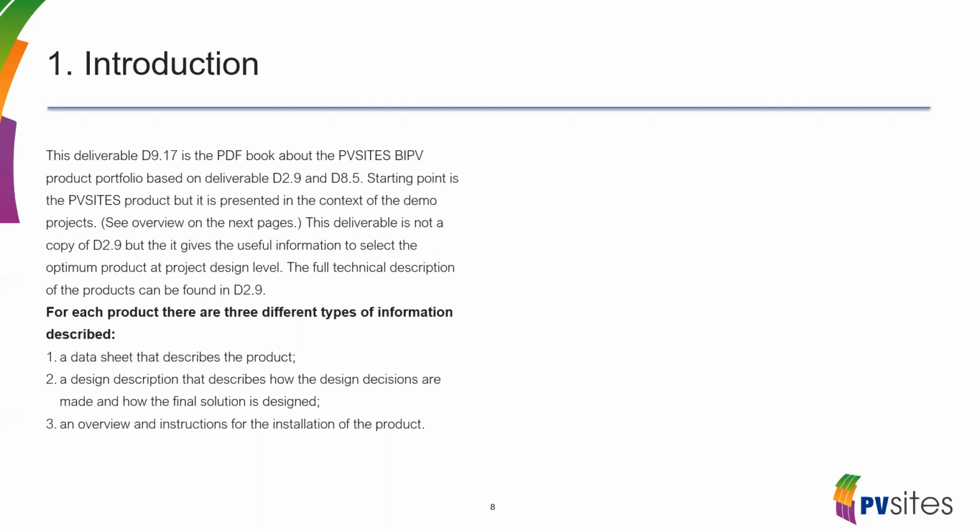So you can actually see what are the problems we had to overcome, and what were simple things and what have to be improved. Actually, this is I think very useful. And the third part is about the installation of the product. It shows more about what really happened on the site of the demo projects, how it was installed, and what lessons are learned from this process. Next.